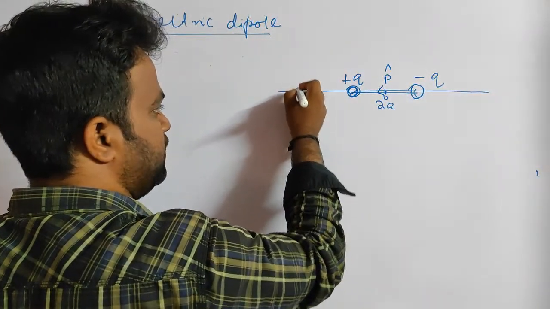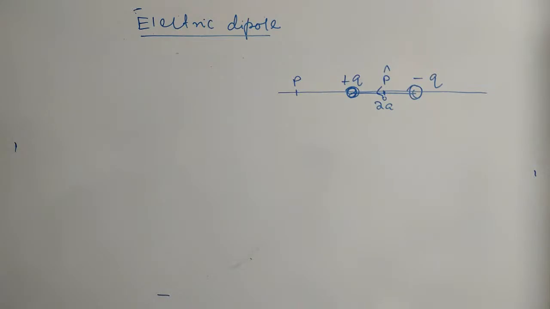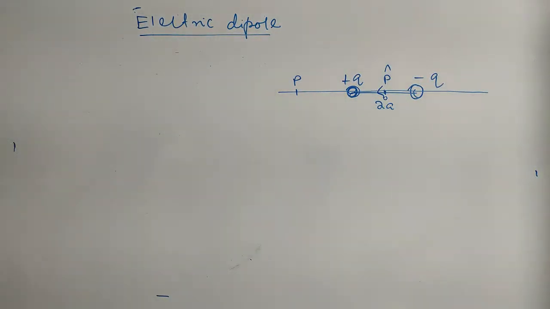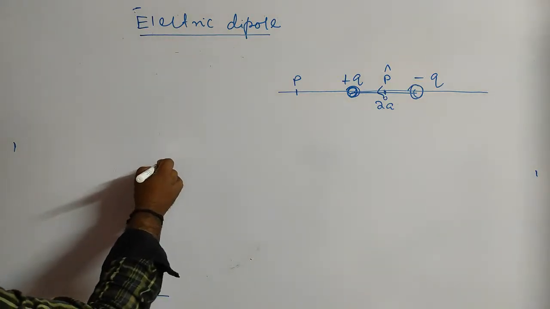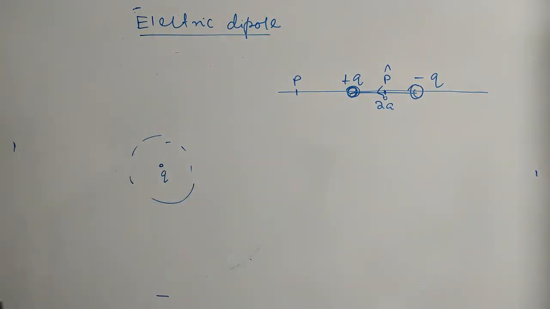Now we'll find out at a point P what is the net electric field. Before we calculate it, I think all of you know the expression for electric field. If a charge q is here, in its surrounding there will be an electric field.